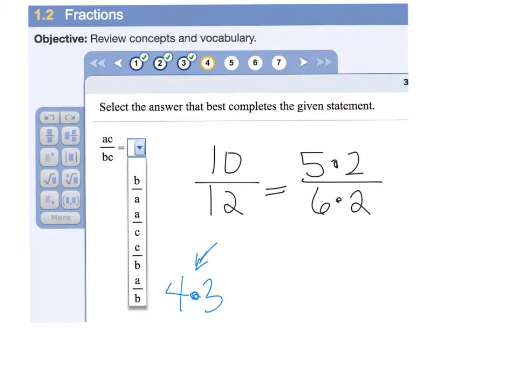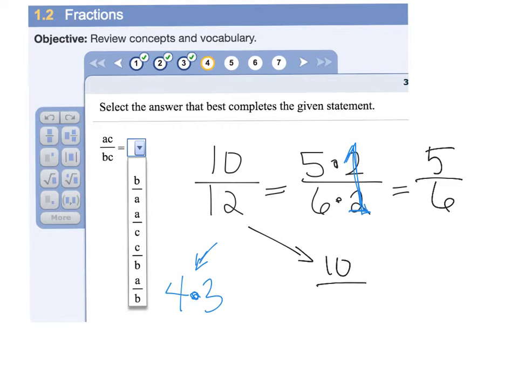And so the idea is, well, 2 divided by 2 is equal to 1. And so this basically becomes 5/6 times 1. And we know that anything times 1 is itself. So 5/6 times 1 becomes 5/6. So what does that mean?